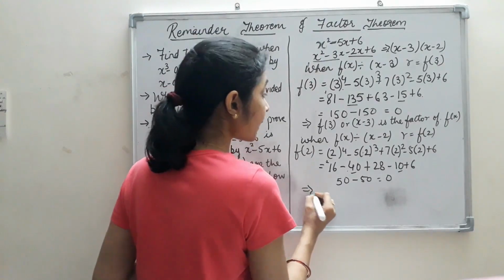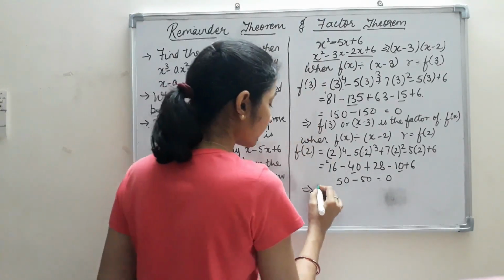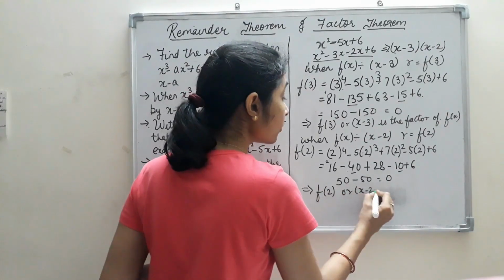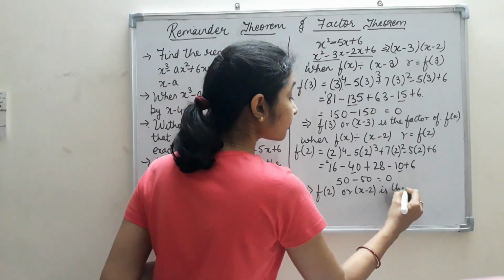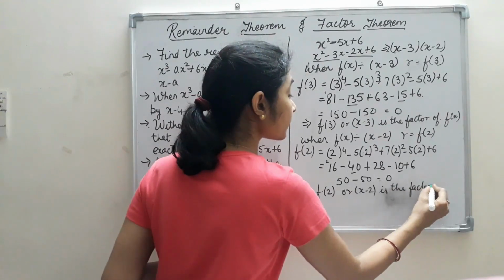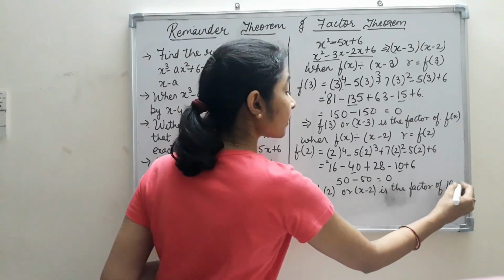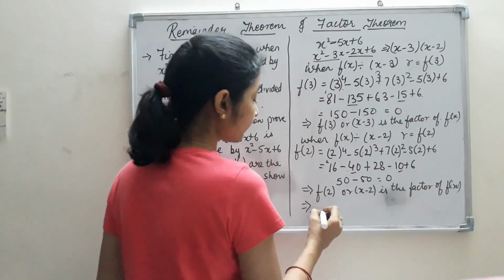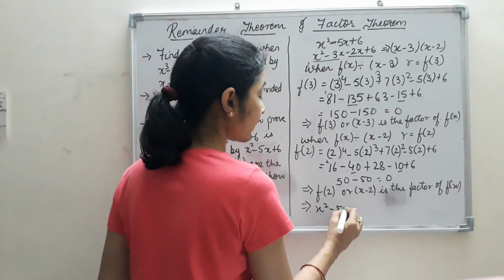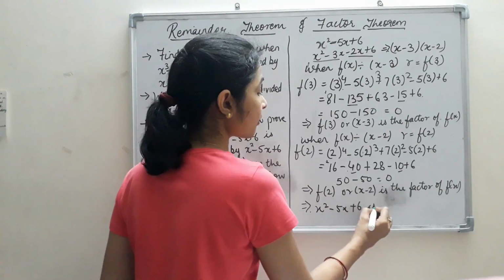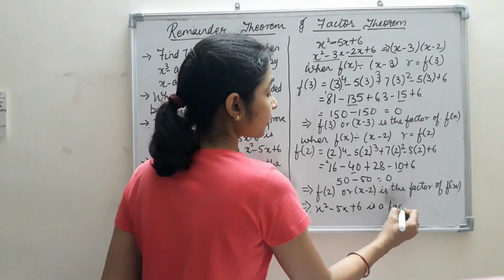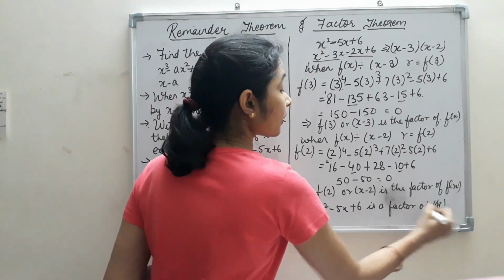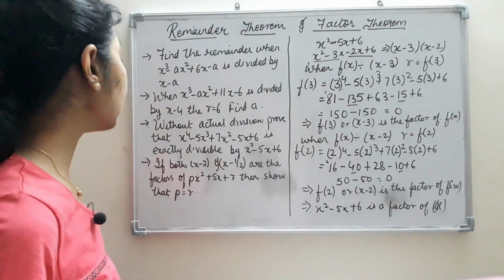This implies that as f(3) was a factor, now f(2), or x minus 2, is a factor of f(x). Okay, so this implies from 1 and 2 what do we get? That x square minus 5x plus 6 is a factor of the given polynomial f(x). I hope it is very much clear to you.